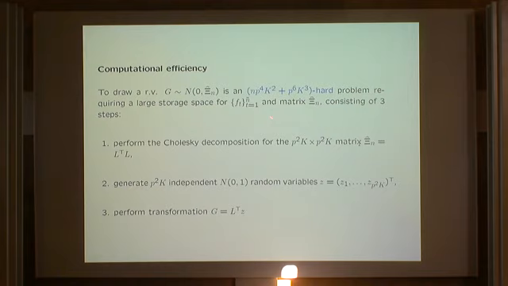As I said, the difficulty of computation is this, and the standard procedure is to do a decomposition of this big matrix. Then you work out L, then you generate so many independent random variables, then you apply the transformation. So this requires a lot of computational power and a lot of storage.